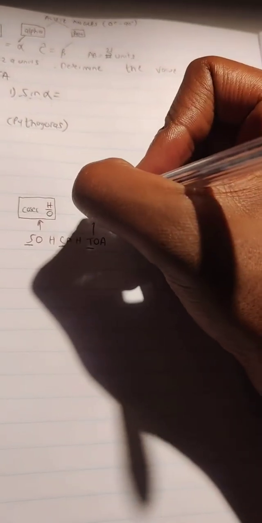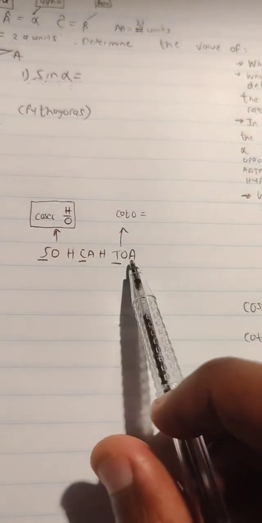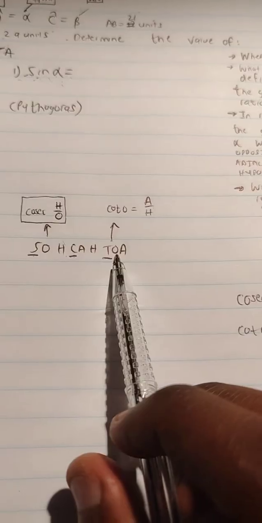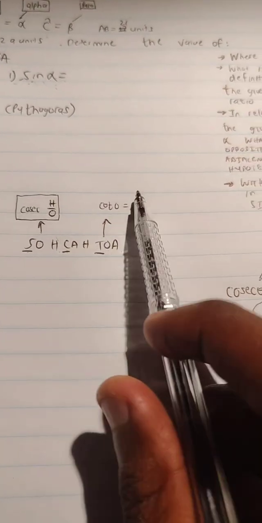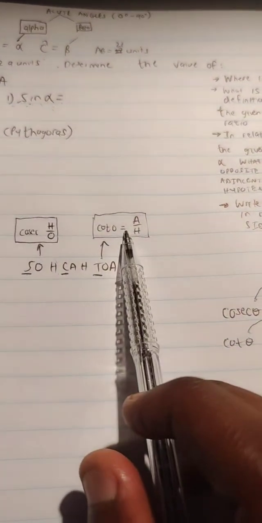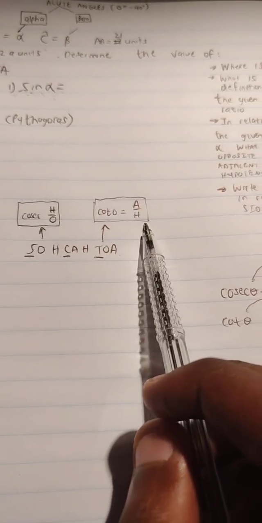So that means, in other words, that tan has an inverse that is cot, and cot is going to be adjacent over hypotenuse. If tan is opposite over adjacent, then cot is adjacent over hypotenuse. As a reciprocal trig ratio, cot is expressed as adjacent over hypotenuse.